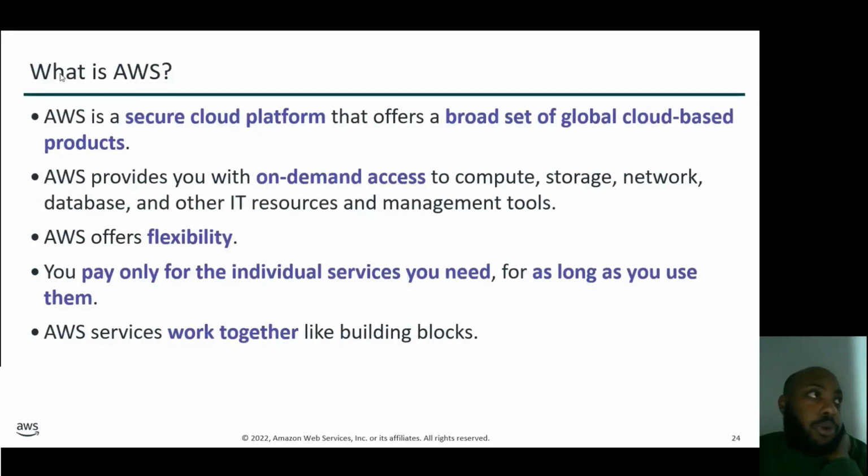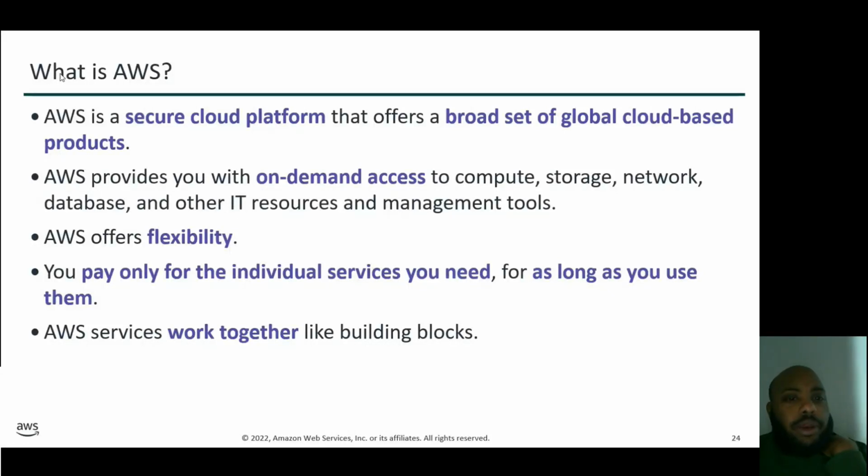We saw how compute would move into the cloud. We have cloud storage, the different forms of cloud storage, networks, databases, and all of those are on demand. You pay as you go, and you get to allocate a new resource, maybe a new database or a new server or new storage or anything.